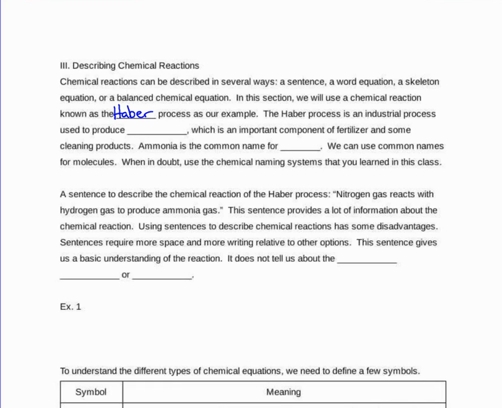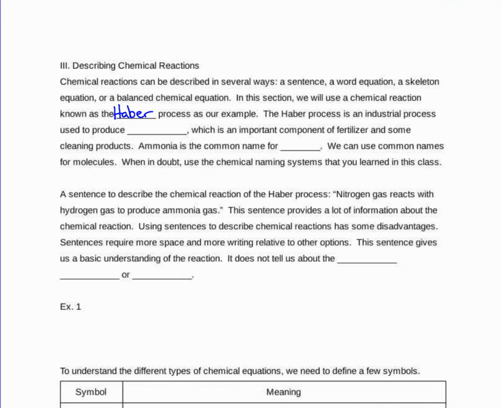Here is my expectation in the beginning. I expect you to know what the Haber process is. So if on a test I say something about the Haber process, you should know the reactants and the products for the Haber process.